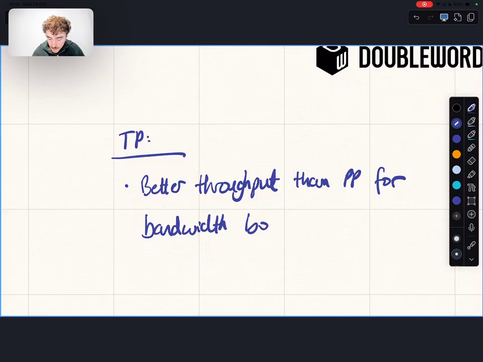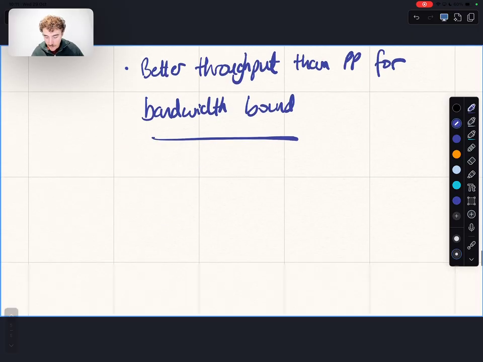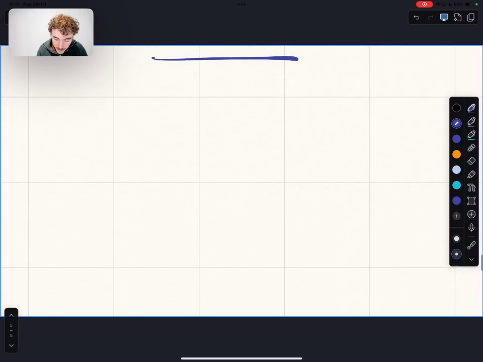So this is important to note: this is only true for bandwidth bound operations. I'll see if I can give a brief idea why.